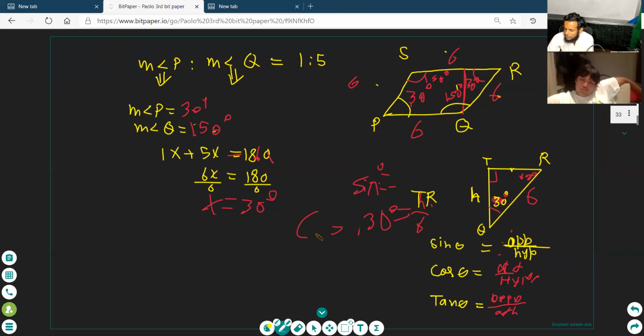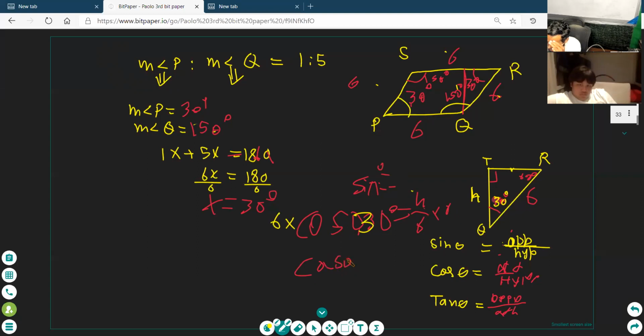But our need is to find the h. So it will be cos times 6. You will not multiply the 6 to the angle.